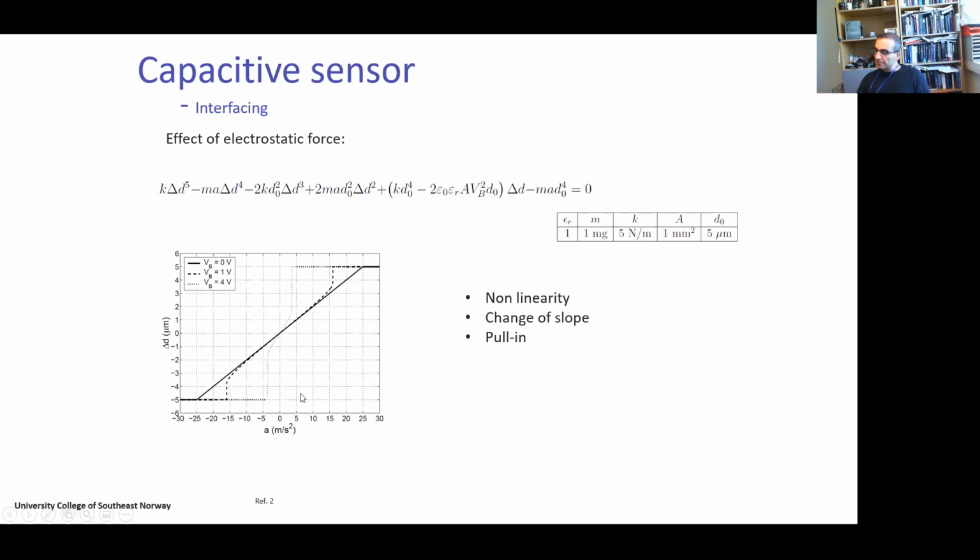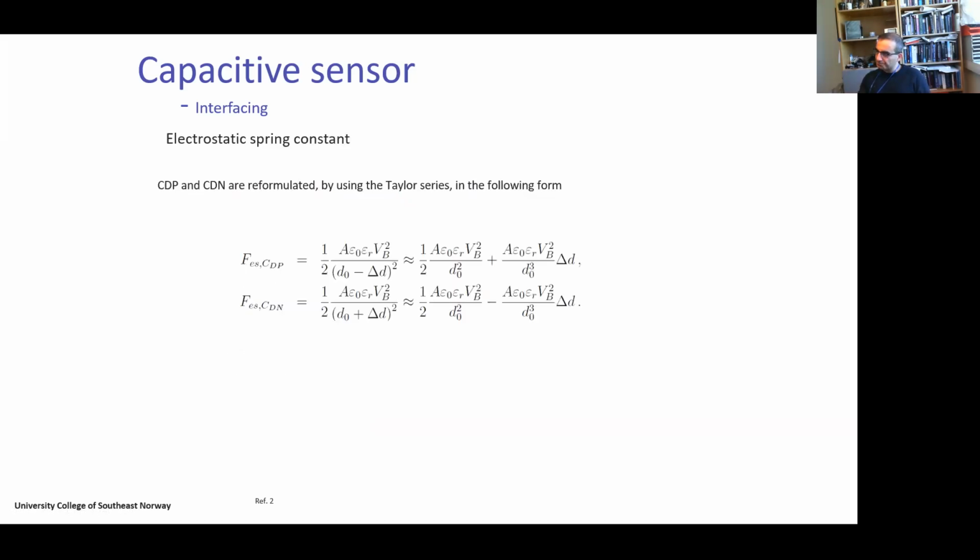Also the system becomes a little less linear. The linearity decreases, but it becomes more responsive. You see the curve becomes sharper. So the biasing will change the properties of an accelerometer.